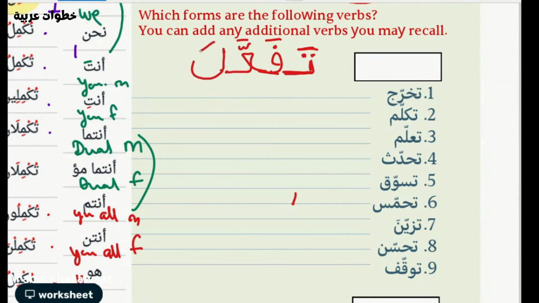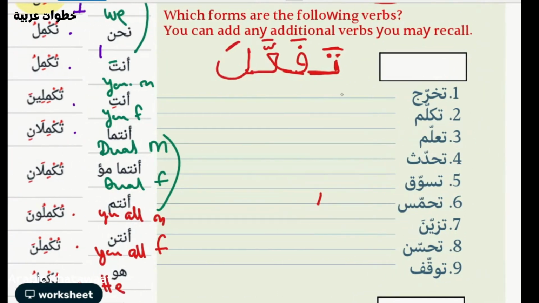tafa'ala, meaning that ta reflects the additional sound I have, and then I have the F, it reflects the kha sound, the ra is reflected in the ayn, and then the jim is reflected in the L. So the pattern I have tafa'ala reflects takharraja.